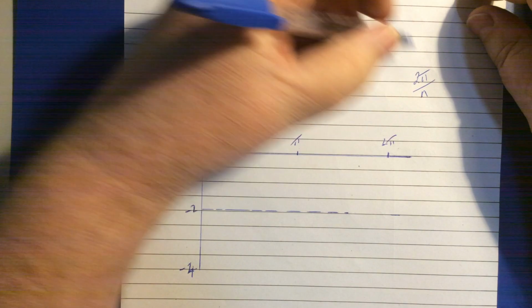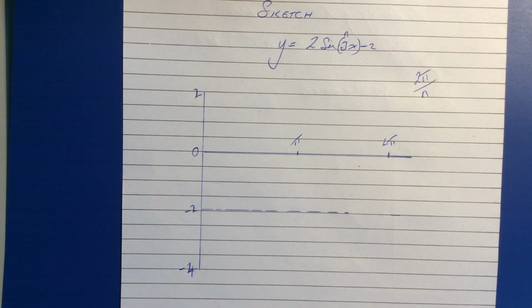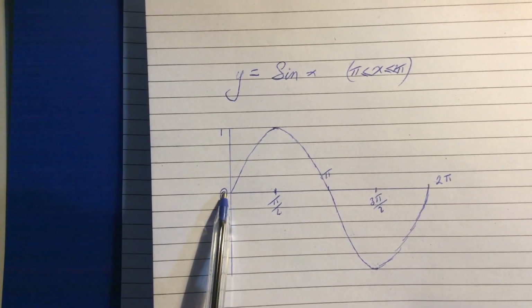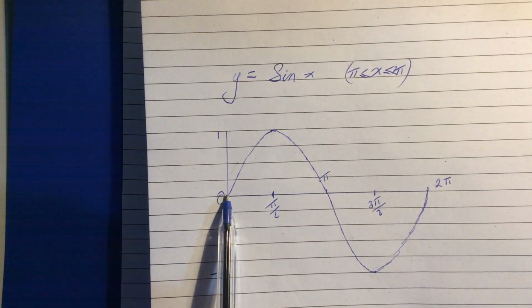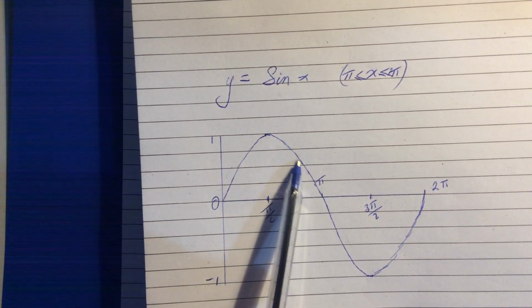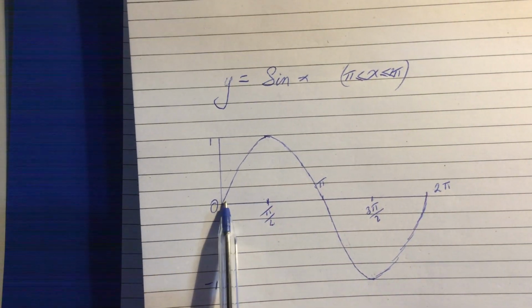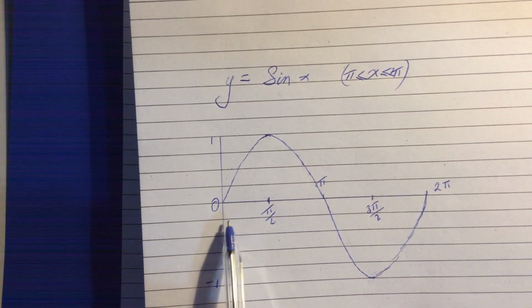Again to refer to this drawing, the period is the distance from this point to this point, as in the movement of this graph all the way through one cycle and its return to where it started. That is the period. In this case it's 2 pi.